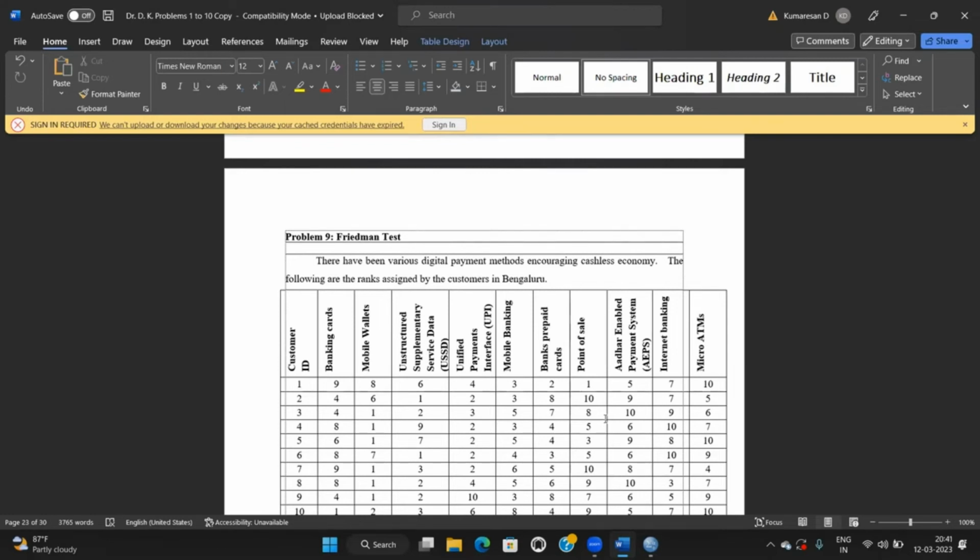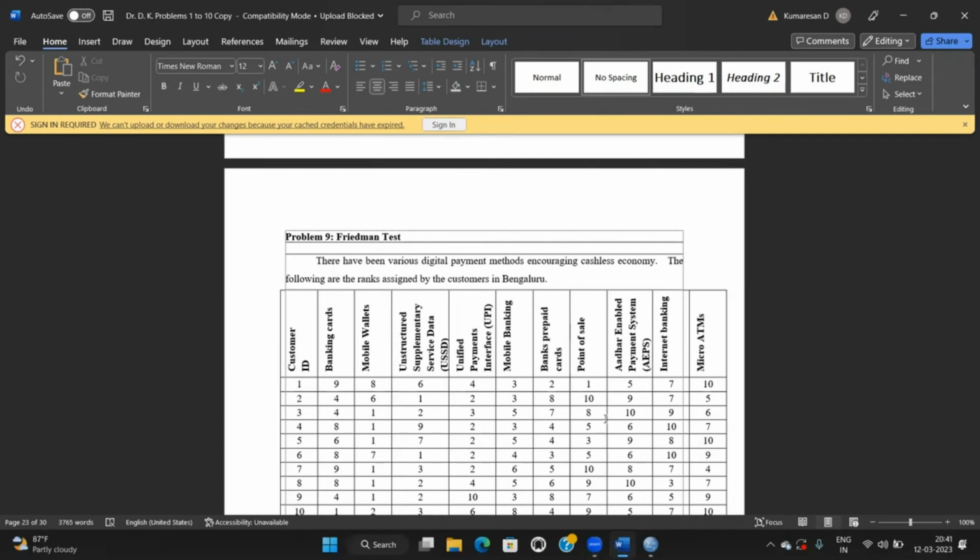For parametric tests, there are 2 conditions. Number 1, the data should be normally distributed. For the non-parametric test, data may or may not be normally distributed. Second condition, for the parametric test, the data should be scale data. Here, the data is ordinal data.